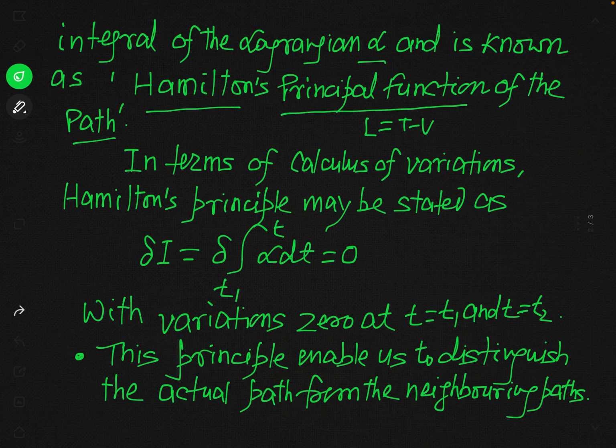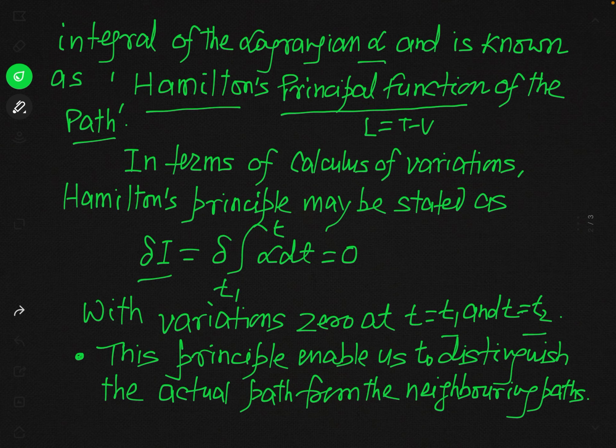In terms of calculus of variations, you can state Hamilton's principle in this way, that delta I, which is equal to delta integral t1 to t2 L dt, must be equal to 0. But it is valid only when the variations are 0 at t equal to t1 and t equal to t2.